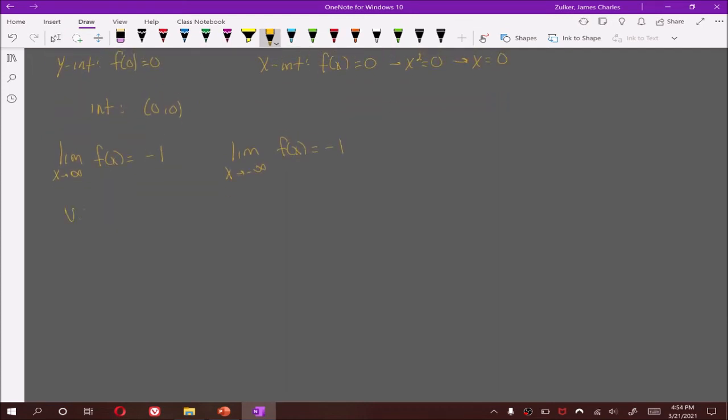For asymptotes, we have two verticals. X is equal to -1, and x is equal to +1. We have a horizontal asymptote at y equals -1.